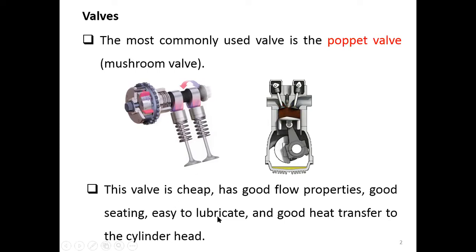It's easy to lubricate because the shape is not complicated. Very straightforward, very simple shape. And by that, it also has good heat transfer to the cylinder head, right? Because it can transfer the heat inside the cylinder to the cylinder head where this valve is located.